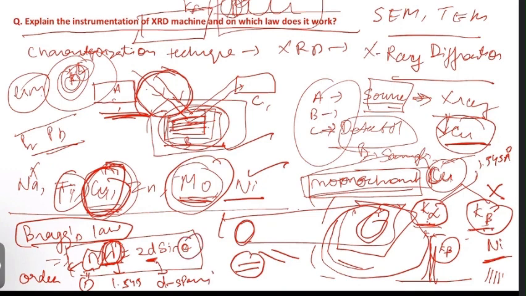Theta. Where should theta lie? This arrangement is called the Bragg-Brentano arrangement.